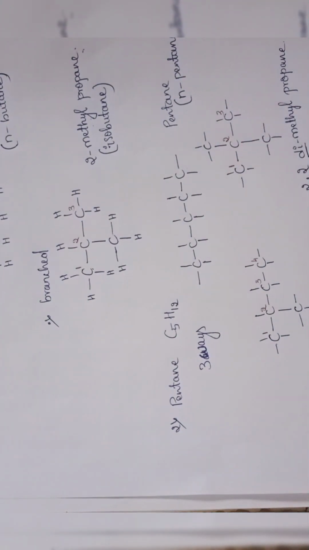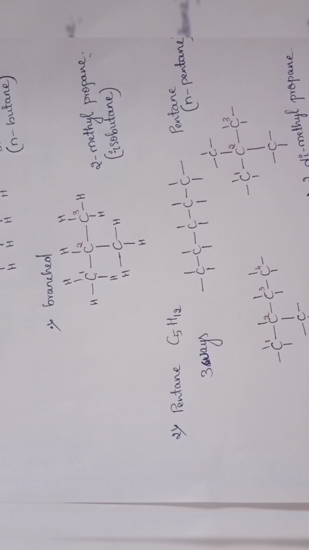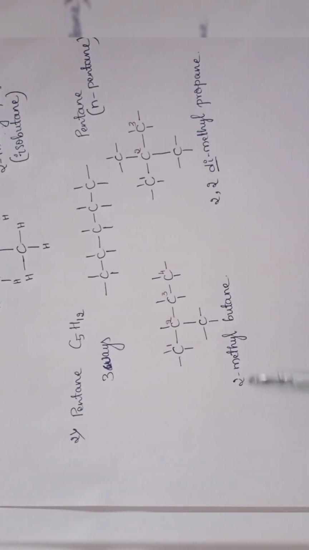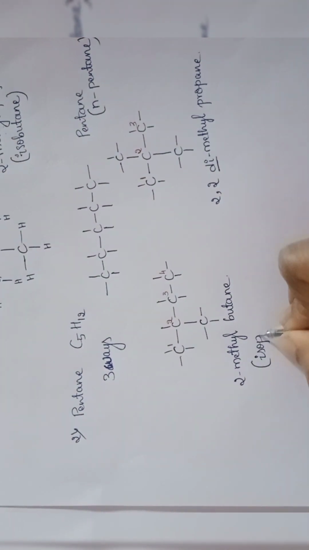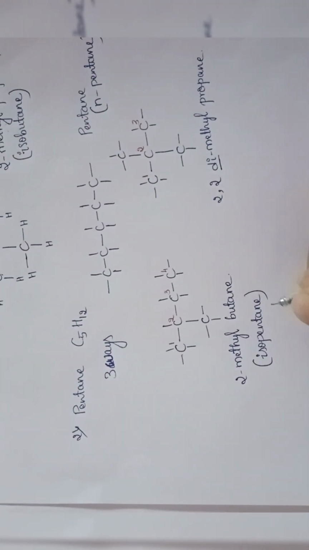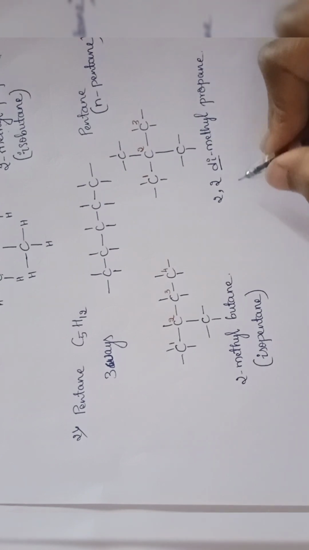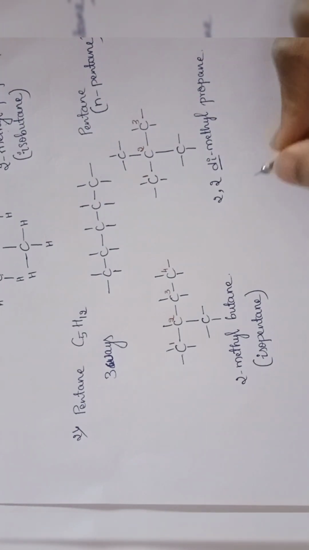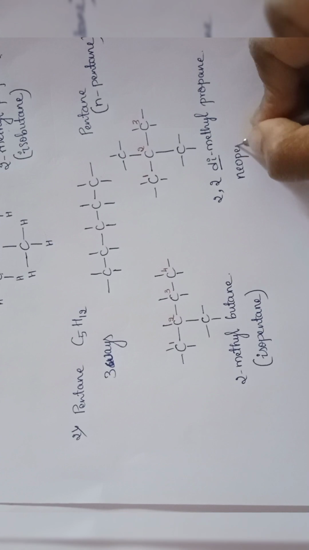The n indicates that it is a continuous carbon chain. There will not be branching. For this 2-methyl butane, the common name will be isopentane, and the common name for 2, 2 dimethyl propane is neopentane.